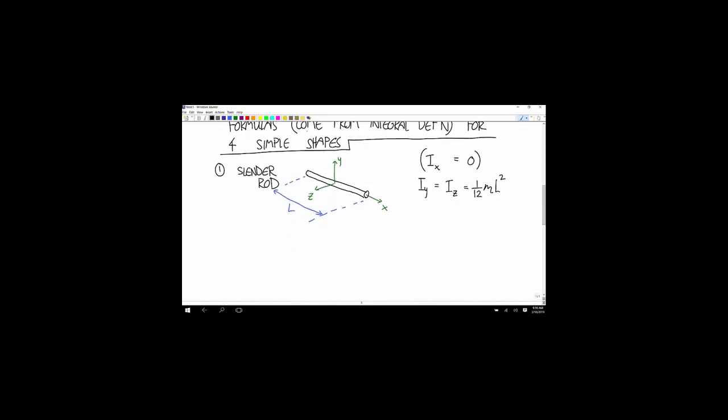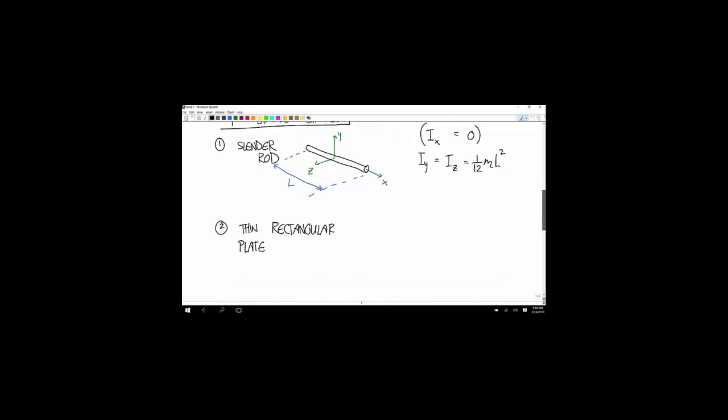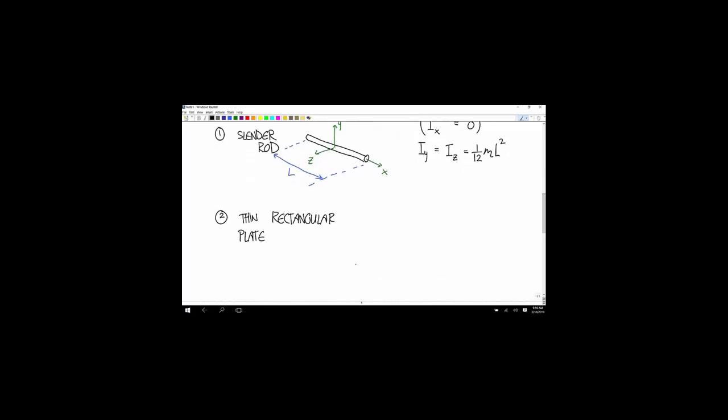Okay, the next one is a rectangular plate. And we're going to make the assumption that it has a negligible thickness. So I'm going to call this a thin rectangular plate.